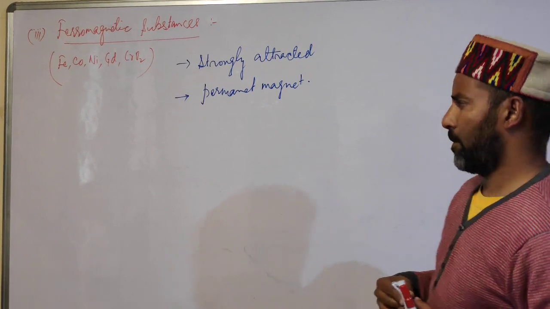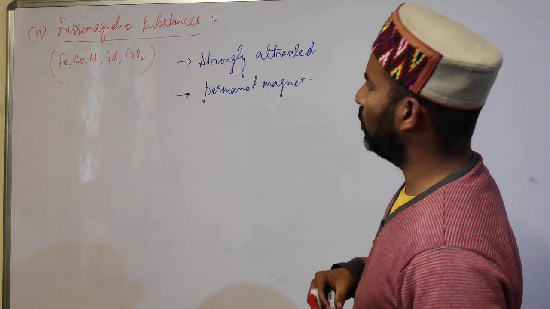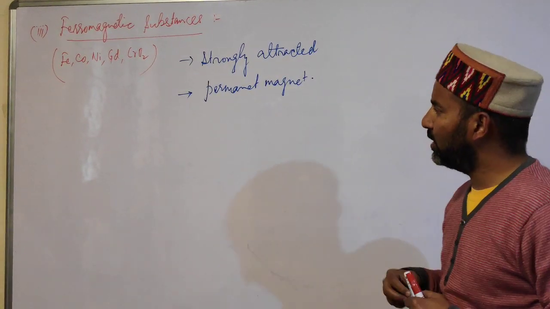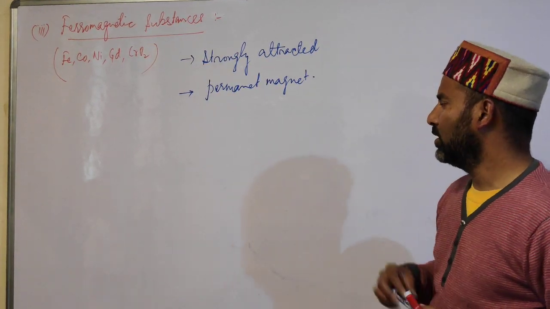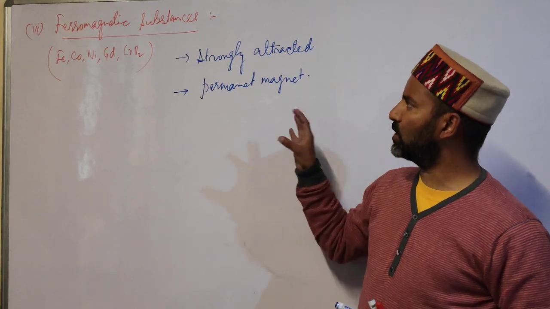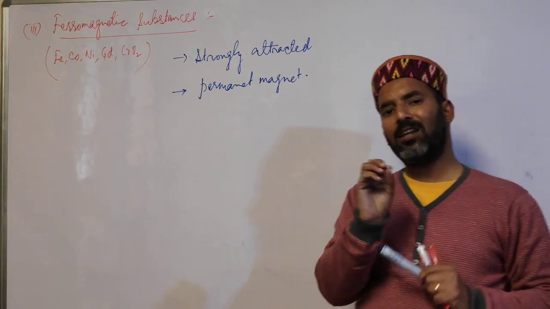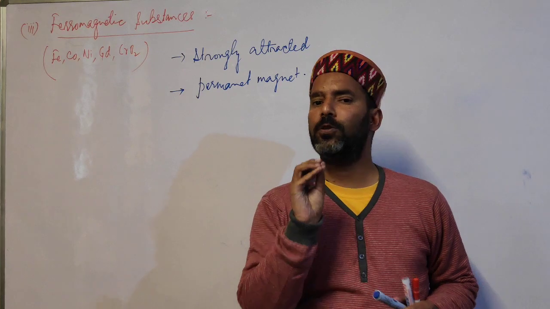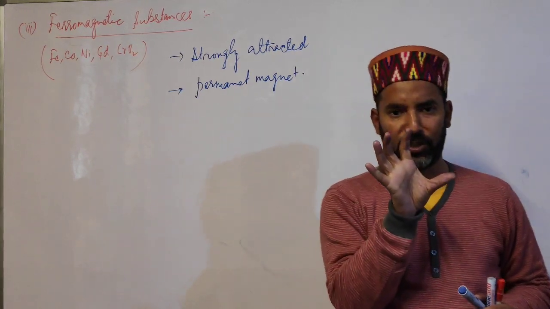Now students, I'll explain how this property arises in a solid. In ferromagnetic substances, the metal ions can be grouped together into small regions.